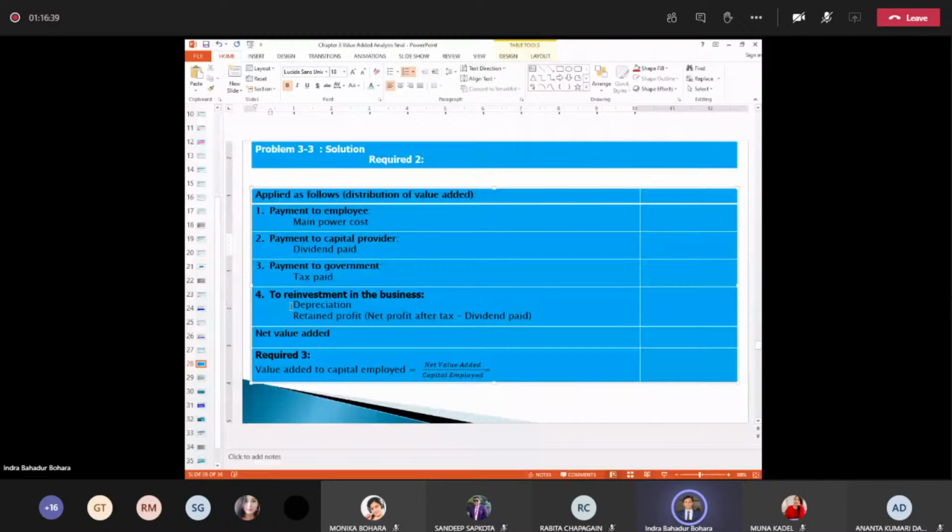Tax paid is 1,40,000. And dividend paid is 60,000.